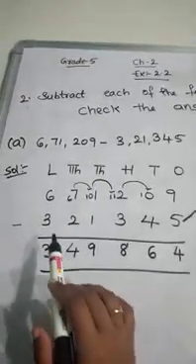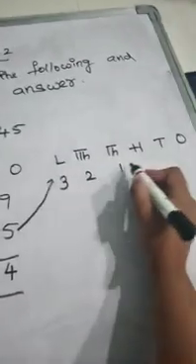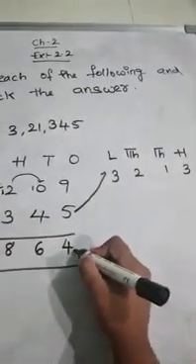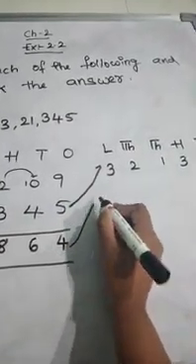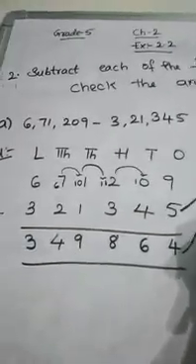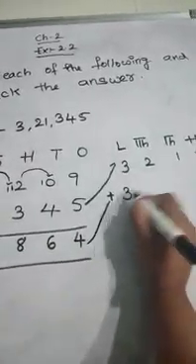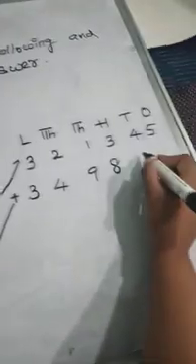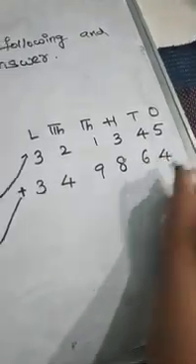So what are we taking? We are taking the subtrahend number here: 3, 2, 1, 3, 4, 5. Next, what number do we take? The difference we got after subtracting: 3, 4, 9, 8, 6, 4.